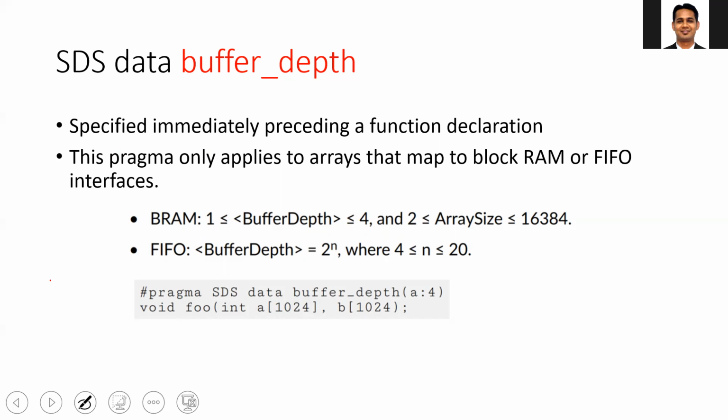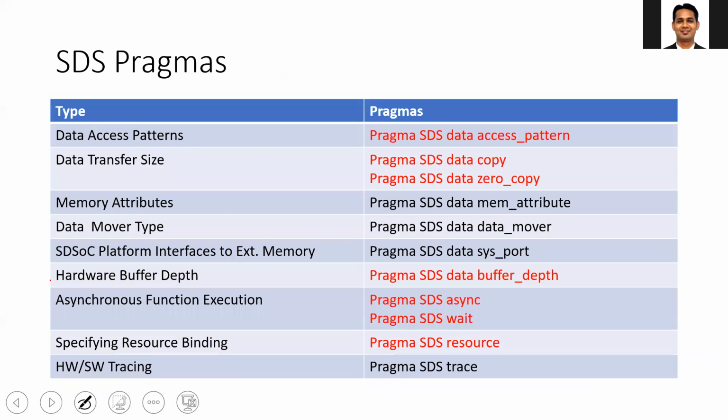That means I will have 4 buffers for storing a. So I can have 4 sets of a buffered in the IP before it starts processing the data. Okay, so this is how you can specify the buffer depth in your code.